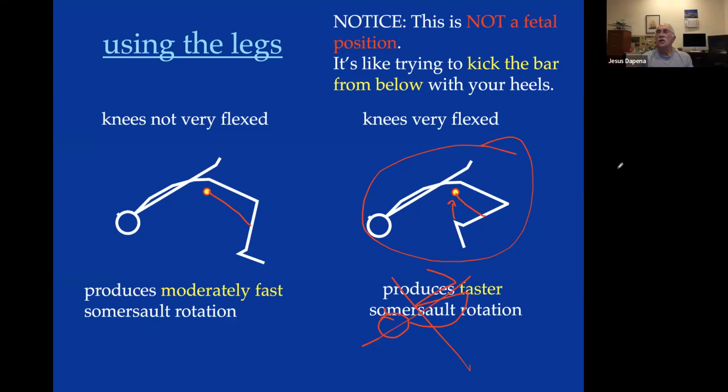Okay, so I talked about a bad bar clearance. If the best bar that you can clear is 10 centimeters below the peak of your center of mass, that is a terrible bar clearance. If the best you can jump is a bar that is located maybe 6, 5, 4 centimeters below the peak height of the center of mass, we say, it's okay, nothing great, but no big problem.